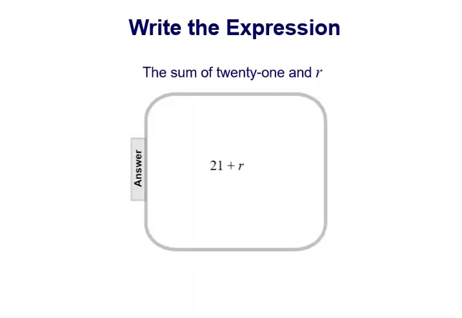So we have the sum of 21 and R. The sum is a clue word for addition. So you should think we're going to use a plus sign for the number 21 and the variable R. So that would look like 21 plus R. Here's an example. We have the product of 5 and W. The clue word here is product.